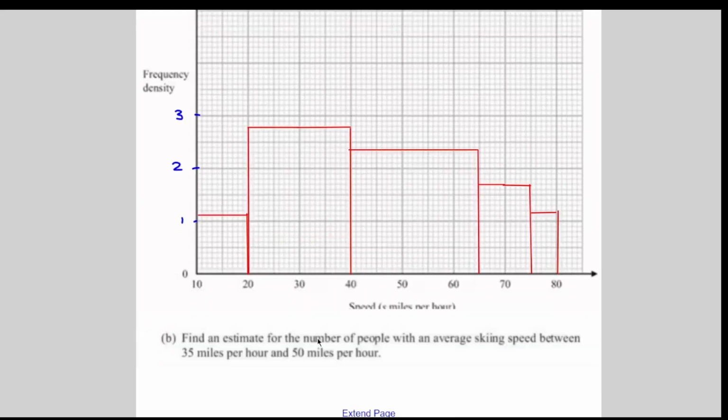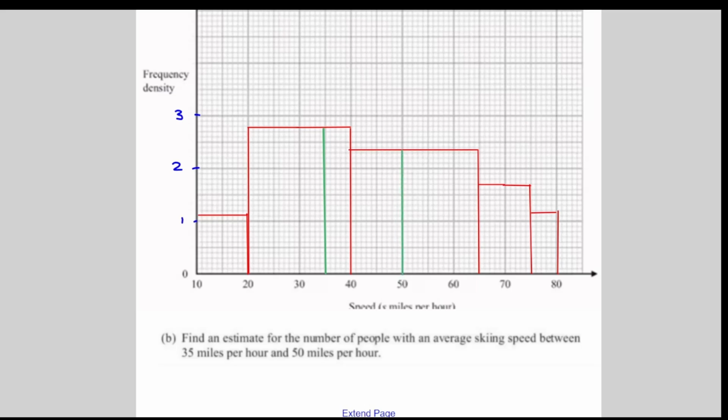Part B. Find an estimate for the number of people with an average skiing speed between 35 miles per hour and 50 miles per hour. So we need to identify the region first. 35 is from here. After that, 50 is from here.